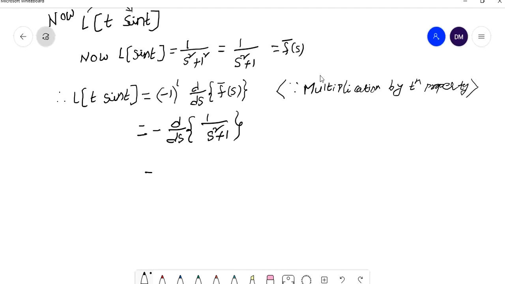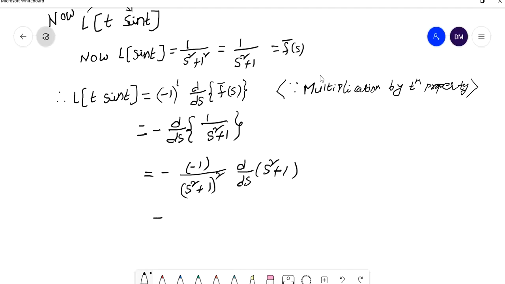This is equal to minus, in the form of derivative of 1 by x. The derivative of 1 by x is minus 1 by x square, where x square means s square plus 1 whole square. But it is not only in the form of s, so again we differentiate s square plus 1 with respect to s.